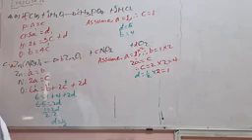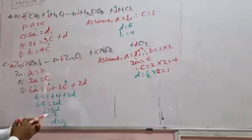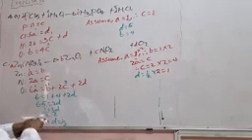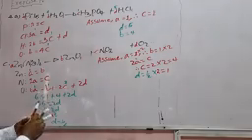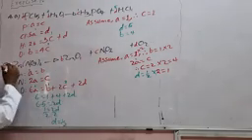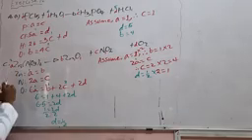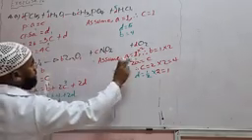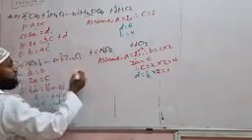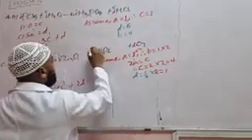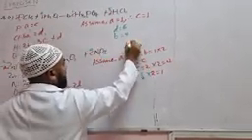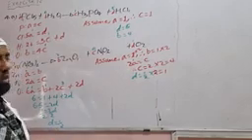Okay, therefore, you can put the values as such. A is 2, B is also 2, C is 4, D is 1.